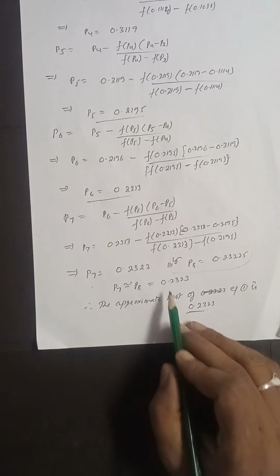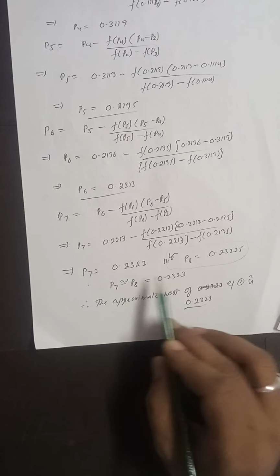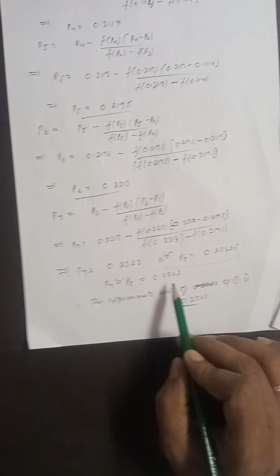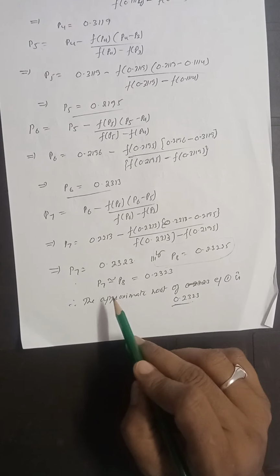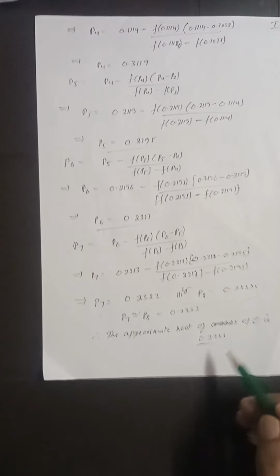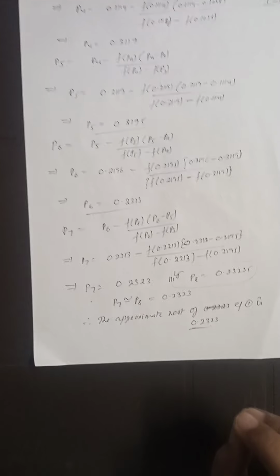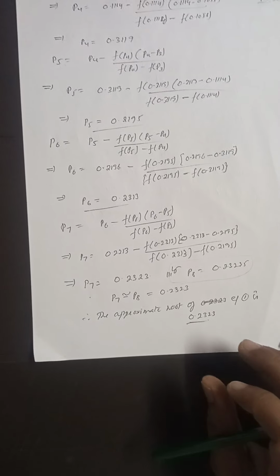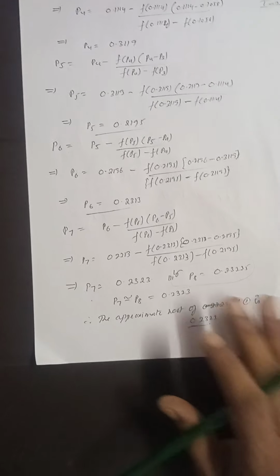If you want, you can compare up to 3 or 4 decimal places, that is up to you. Here these two are identical up to 4 decimal places, therefore we are stopping the procedure. The latest value of P, that is P7 or P8, is the root of the given equation. Remember, this is not an accurate root, only an approximate root. In our entire unit 1, we are going to find only approximate roots, not accurate roots.